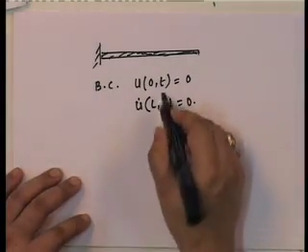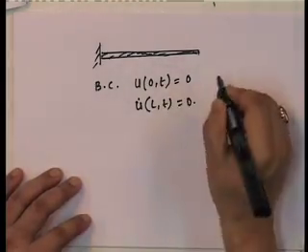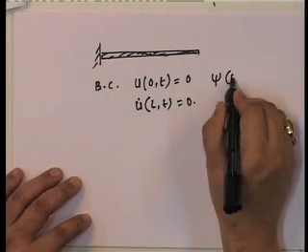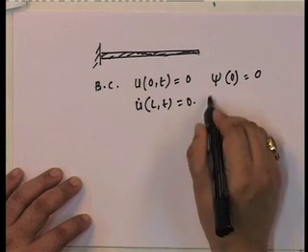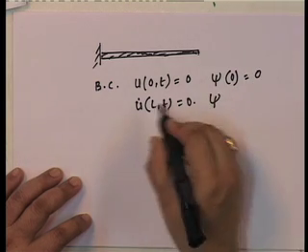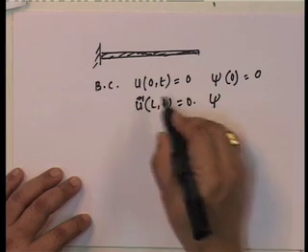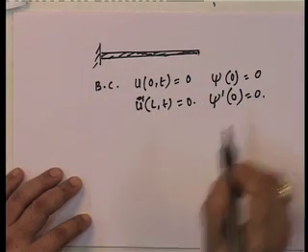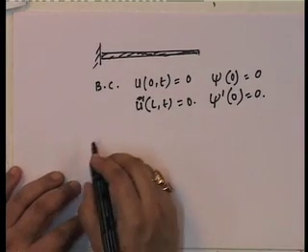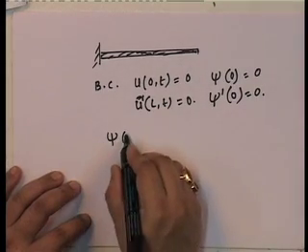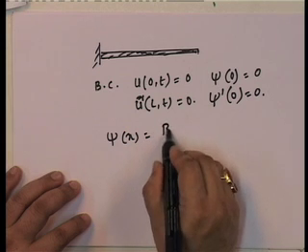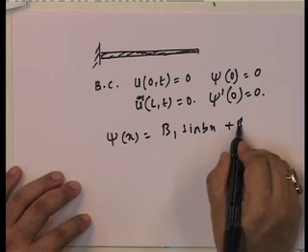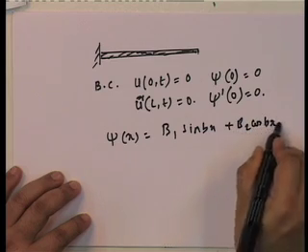Okay. Now, t is not a function, so I can separate it out and say, look, xi of 0 is equal to 0, and xi prime, not dot, xi prime at 0 is equal to 0. So, from that I can find out my, this is B1 sine Bx plus B2 cosine Bx.